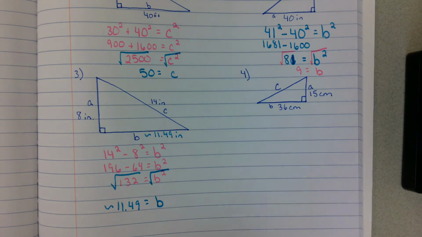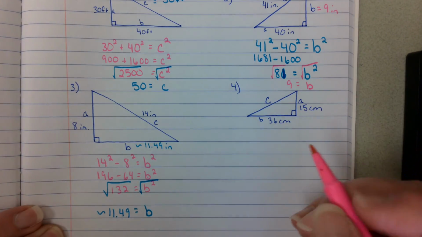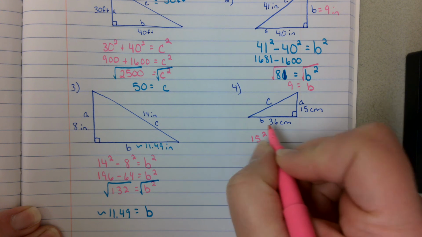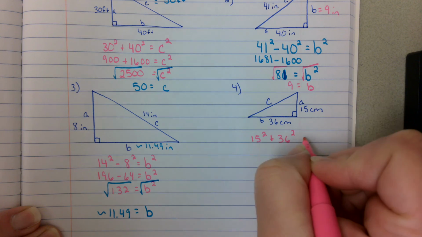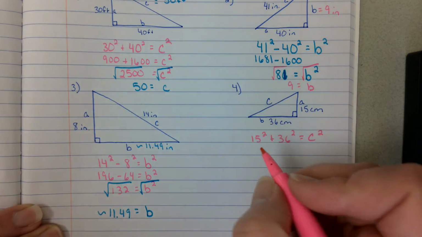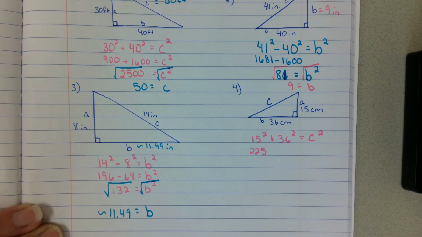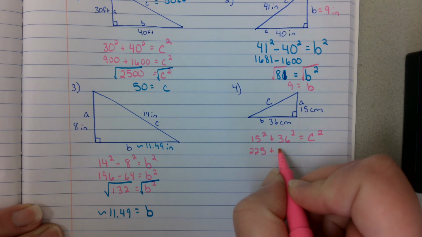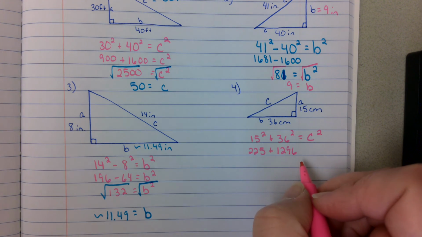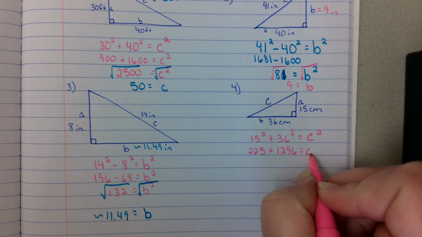All right, let's look at number 4. In this, we're going to be looking for our hypotenuse again, so we're going to do the a squared plus b squared equals c squared. A squared is 15 squared plus b squared of 36 squared is equal to c squared. All right, 15 squared is 225, and then we need to add that to 36 squared, so plus 1,296 is equal to c squared.